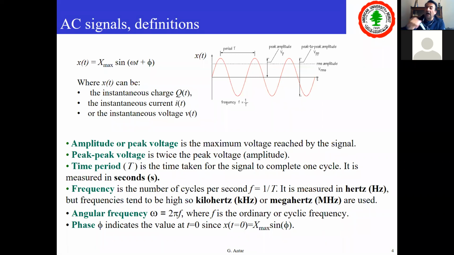Now, at half a wavelength or half a period, you are at an angle equal to pi. At a quarter of a period, you are at an angle of 90 degrees. So there's an equivalence between the sine of omega t, which is in time like this, and the angle.